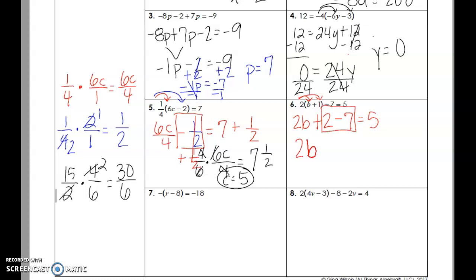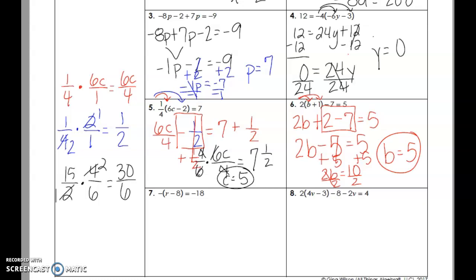So 2b, 2 minus 7 is -5, so that's 2b minus 5 equals 5. The opposite of subtracting 5 is to add 5 to both sides of our equation. So 2 times b equals 5 plus 5, which is 10. Divide by 2, and b equals 5.